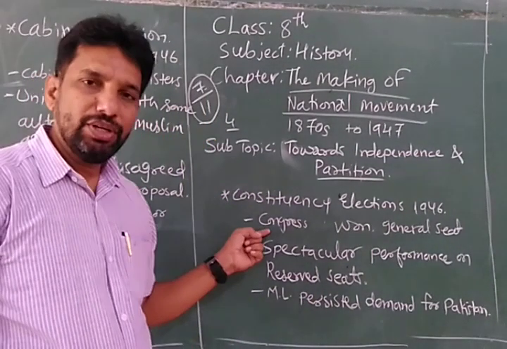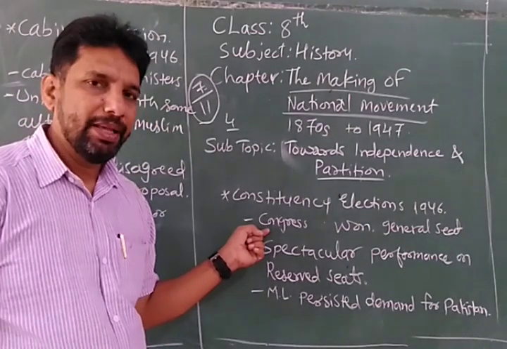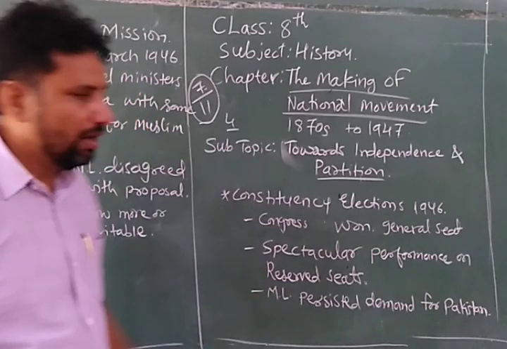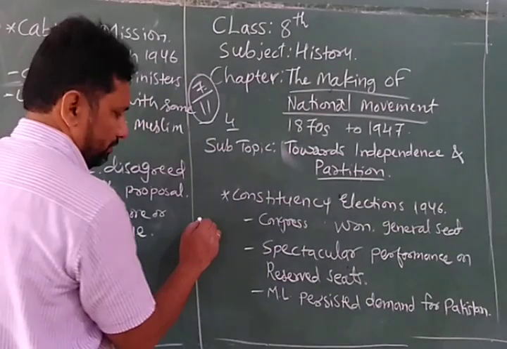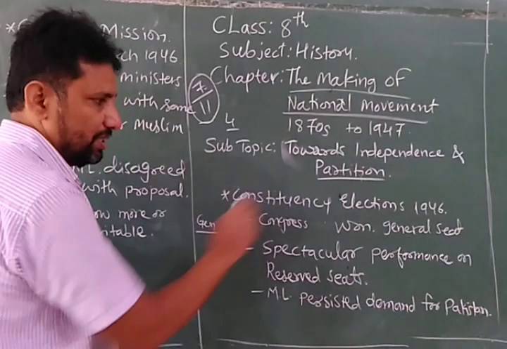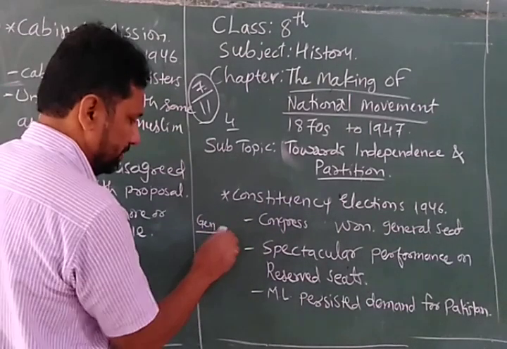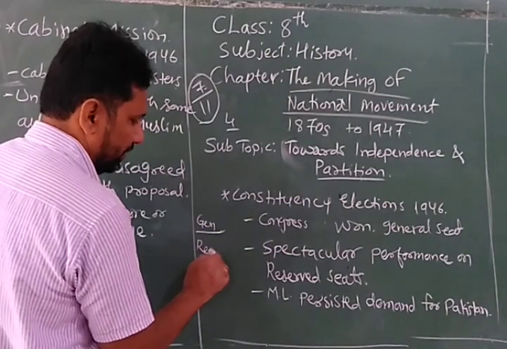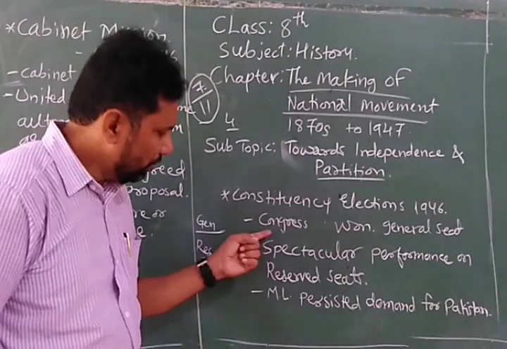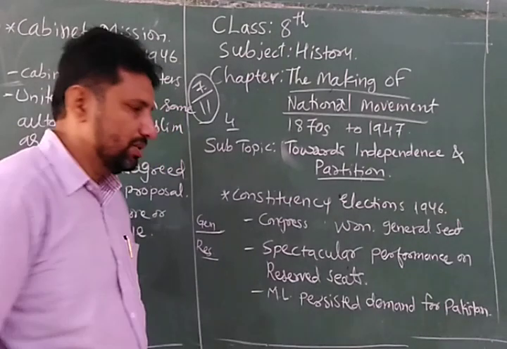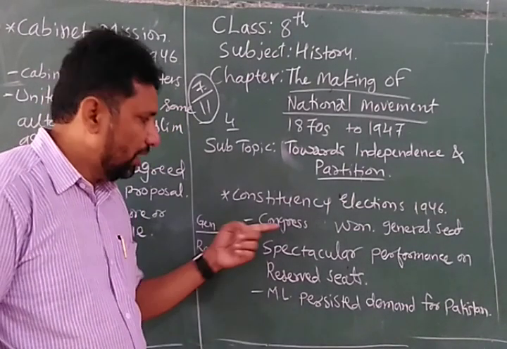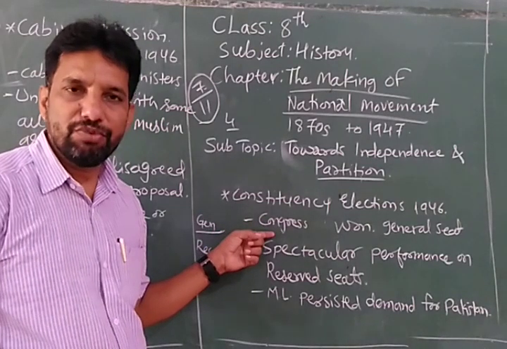Since Congress was working for the whole of India, throughout the nation, there were now the categories of general seats for general provinces and reserved provinces. It may reserve for Muslims. On those seats which were allotted as general, Congress performed well.